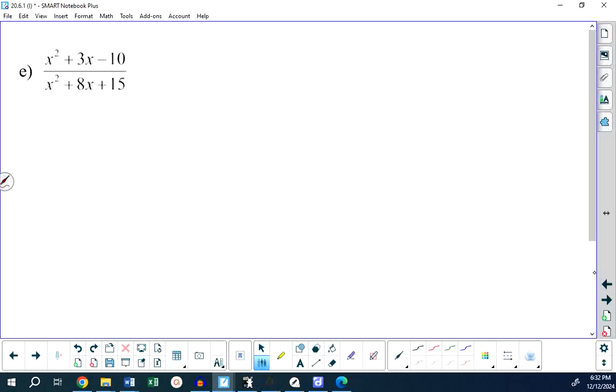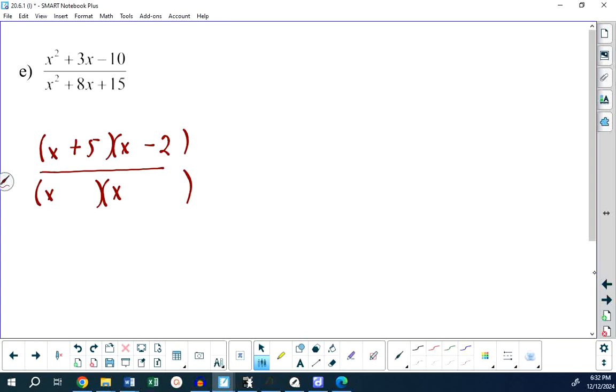So here we have two basic quadratic trinomials. I call them basic because the leading coefficient of the quadratic term is 1. So all we're looking for here in the numerator is two numbers that multiply to give negative 10 and add to give positive 3. If you FOIL that out, you're going to get 3x in the middle.